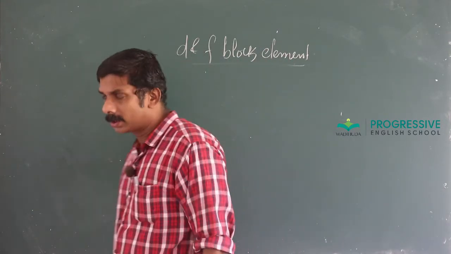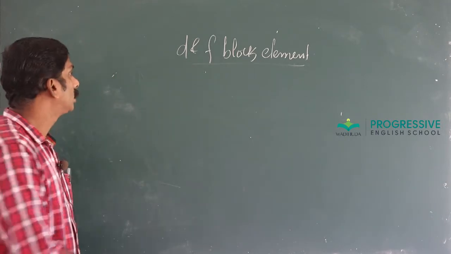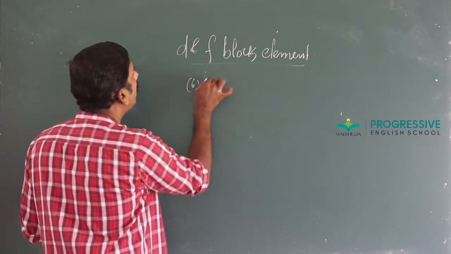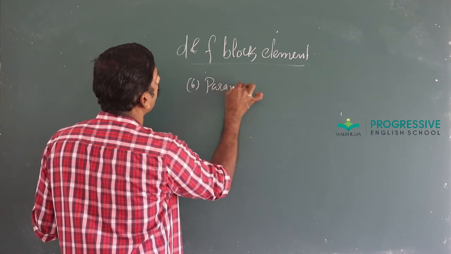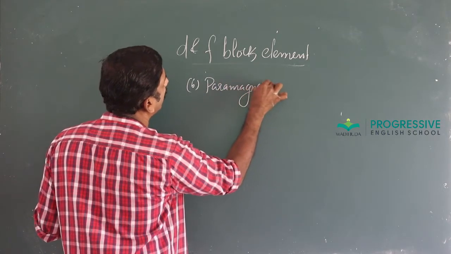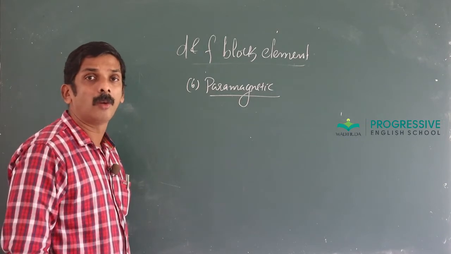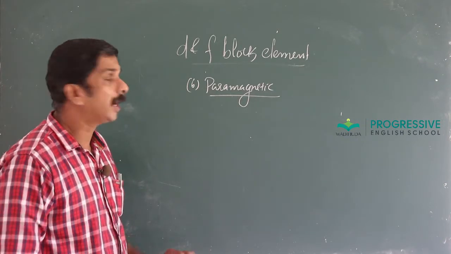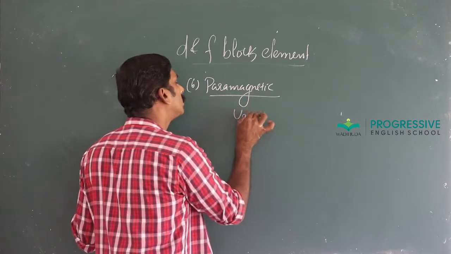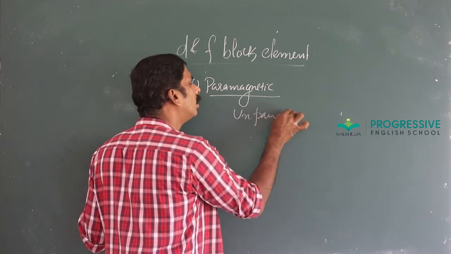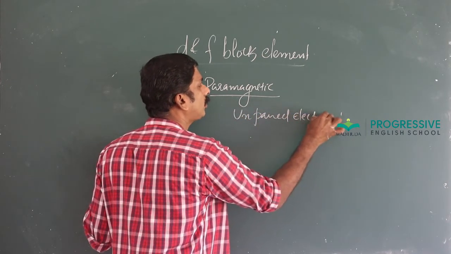The next important property is paramagnetic nature. Transition metals and their compounds are paramagnetic due to the presence of unpaired electrons.